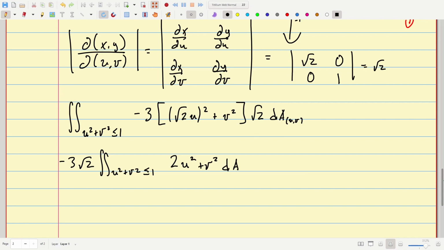We have this left as our integrand, and we want to switch to polar. Okay, the problem is that we have a slightly inconvenient looking integrand, right? We'd much prefer this just say u squared plus v squared. But we can fix that.